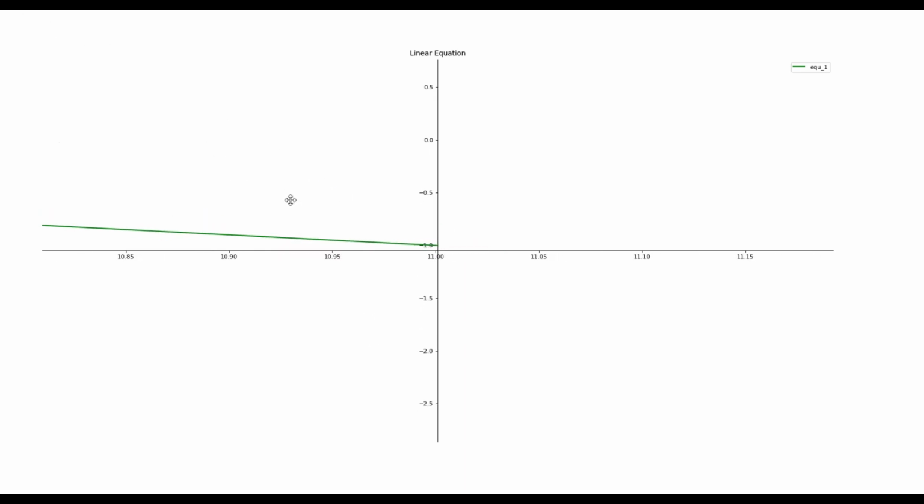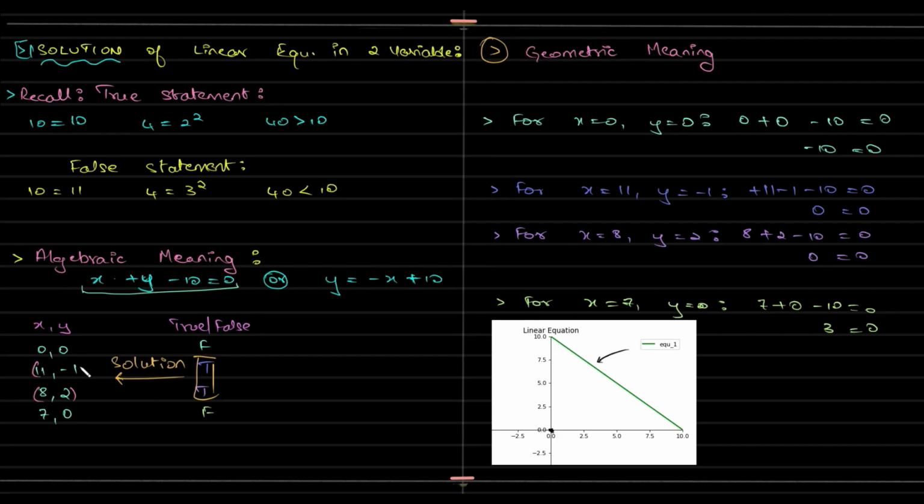So we have 11 and minus 1 is a point wherein the line is crossing. Clearly, is it not? So this too is a point wherein the line crosses. 7 comma 0, clearly 7 is over here, 0 is over here, it's not crossing. So basically, the graphical meaning of a solution is nothing but all the points wherein the line crosses. Solution is the set of all points on the line.